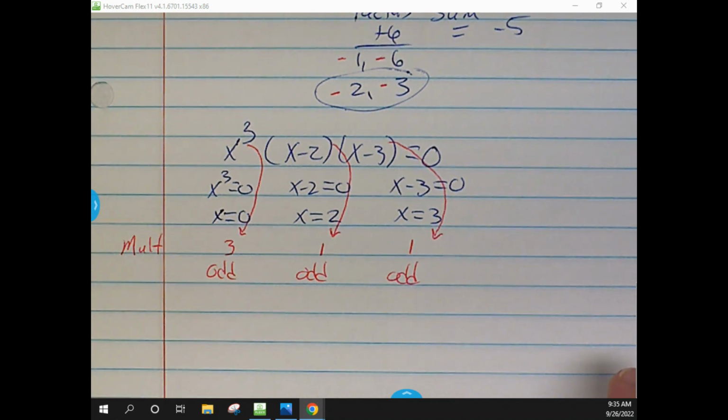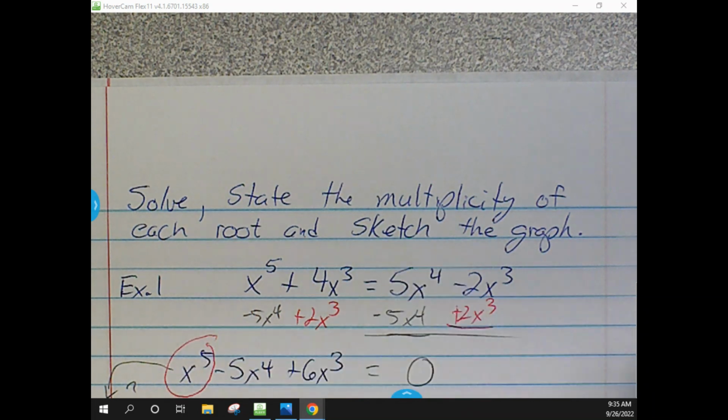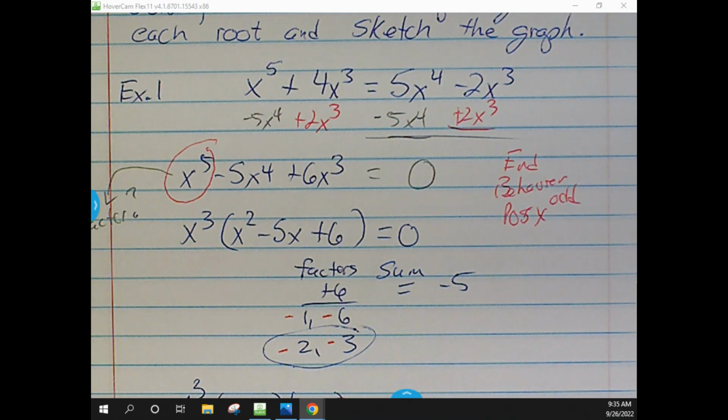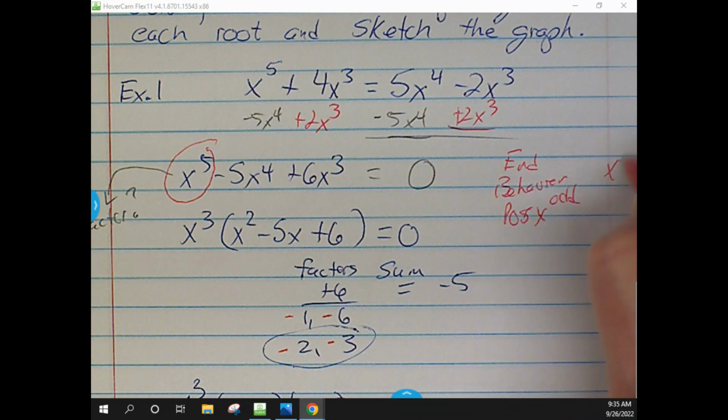And every graph is going to start off with your leading term. This was x to the 5th, right? So if we do the end behavior, it's a positive number that's x to an odd power. Oh, y'all can't see that, can you? There we go. So when we're doing this, you always go back to the leading term, which in this case was x to the 5th.